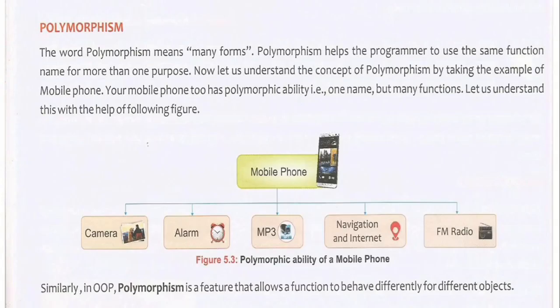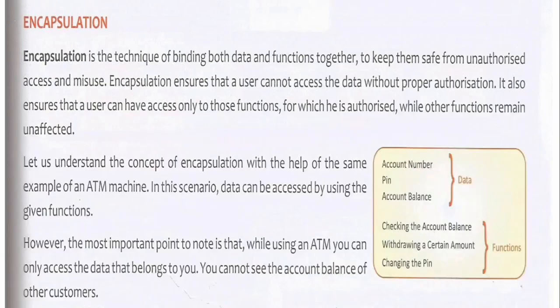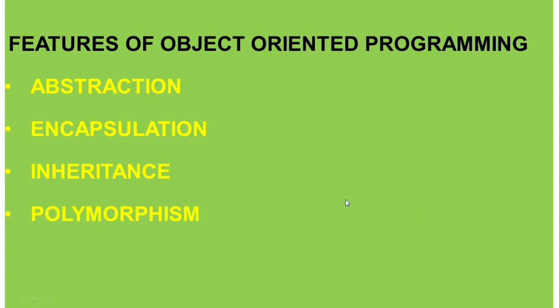Okay, so with this we finish our 4 important features of object oriented programming, which are abstraction, encapsulation, inheritance, and polymorphism. Let us quickly revise what are these 4 features. First, talking about abstraction. Abstraction is used to manage the complexity of the system.